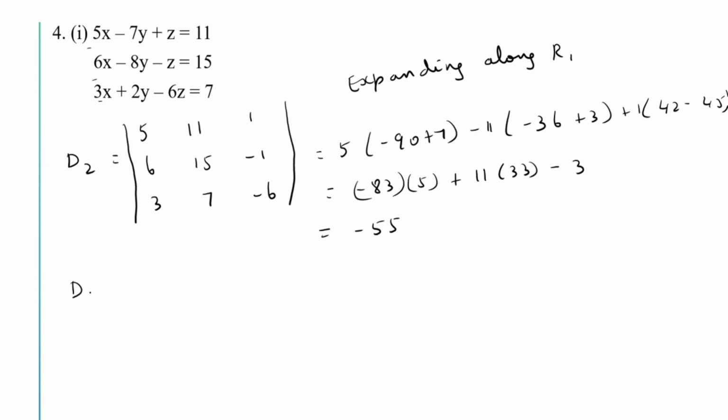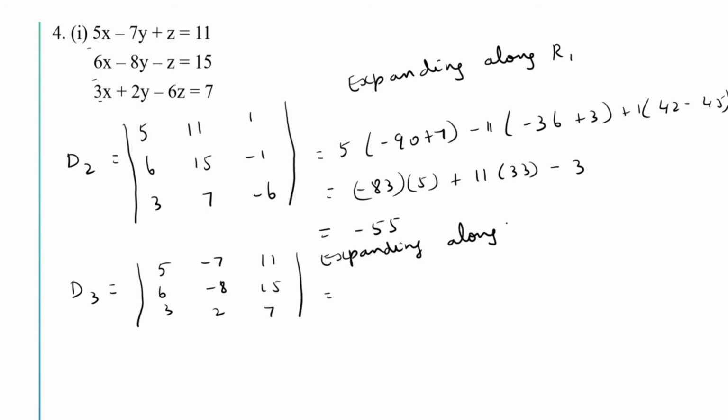Then d3 is determinant of 5, 6, 3, minus 7, minus 8, 2, 11, 15, 7. So this is equal to, expanding along R1, 5 into minus 56 minus 30 minus of minus 7 plus 7 into 42 minus 45 plus 11 into 12 plus 24.